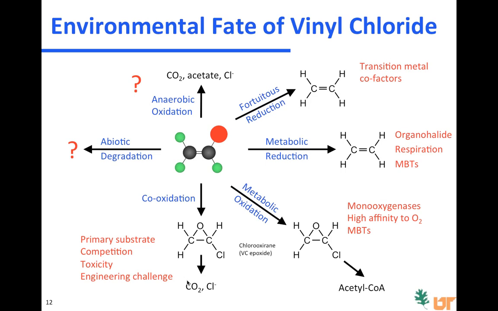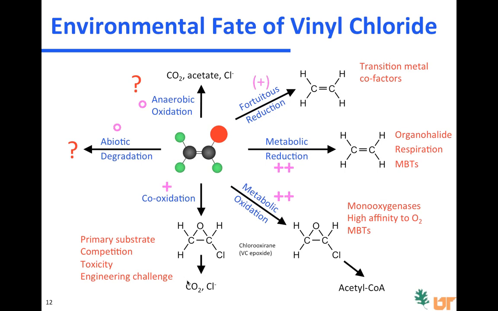And also, it's important to know that these monooxygenases have a high affinity to oxygen. What that means, they can also operate at very low oxygen partial pressures. And we also have MBTs available to detect some of these genes encoding for these enzyme systems. I come back to this later.